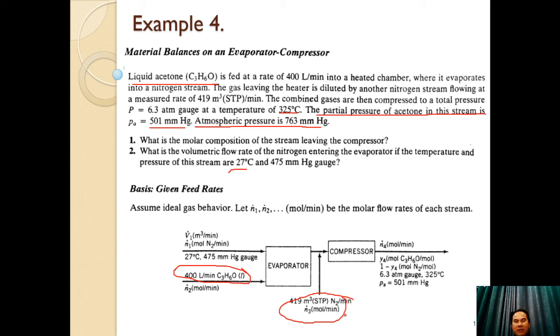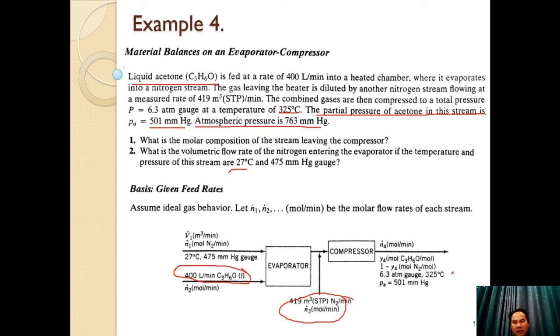And also for the output of the compressor, we denote N4 as the molar flow rate of the gas mixture, and Y4 is the fraction of acetone. Then you can calculate the fraction of nitrogen as 1 minus Y4.